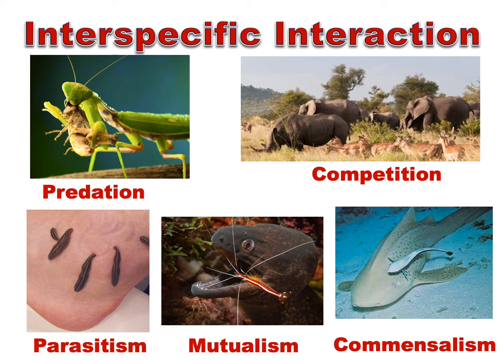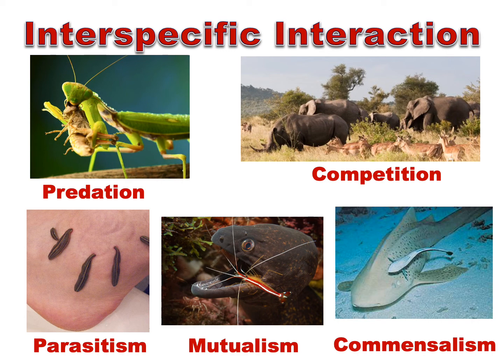The shark doesn't really benefit much from this. The shark just kind of continues on and does its thing, but the fish is actually gaining a food source from this, right? So this is going to be a commensal relationship. Many scientists believe that there are not any true commensal relationships, that no matter what, they both must benefit in some way or another.